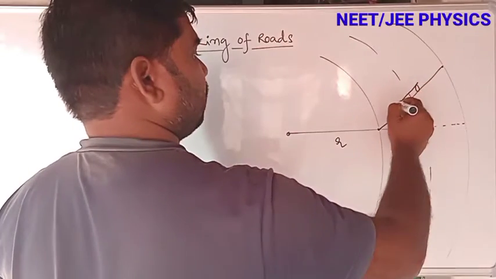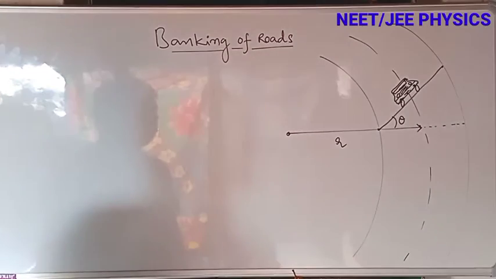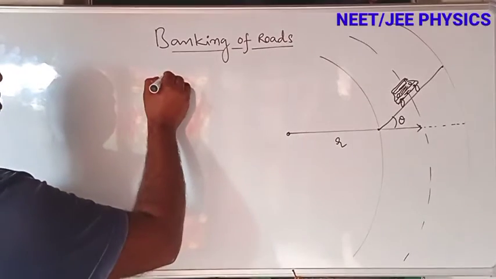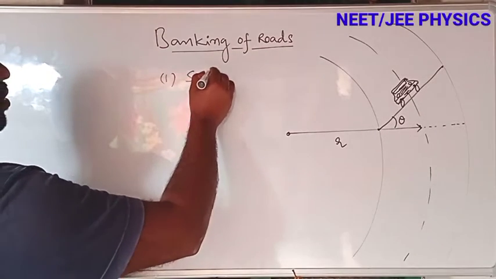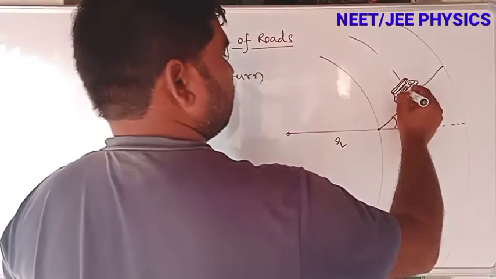Here you can see the car on the road. While taking the turn, there are three possibilities. One is a safe turn.